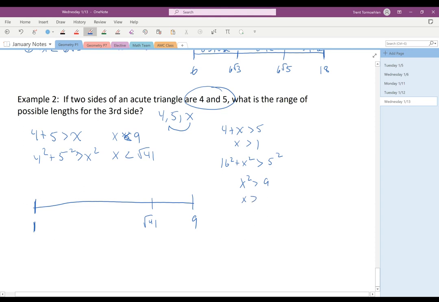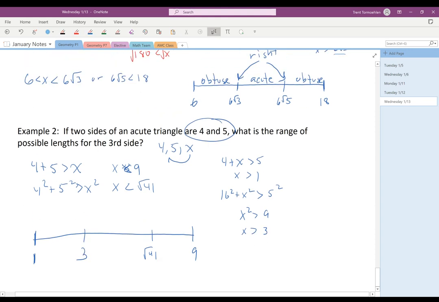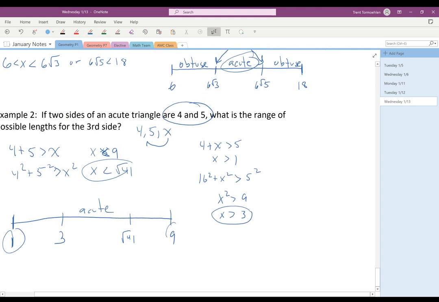Which is x equals 3. And based on what I told you up here, the acute part is the one that's in between, which is what our inequalities turned out, right? x has to be greater than 3 and less than the square root of 41. And so that's where it's acute. Notice the 1 and the 9 didn't actually end up mattering in this problem because it had to be in between those two right angle values in the middle. So the correct answer to this one is 3 is less than x is less than the square root of 41.